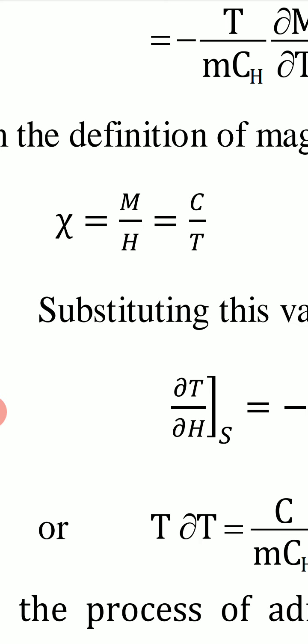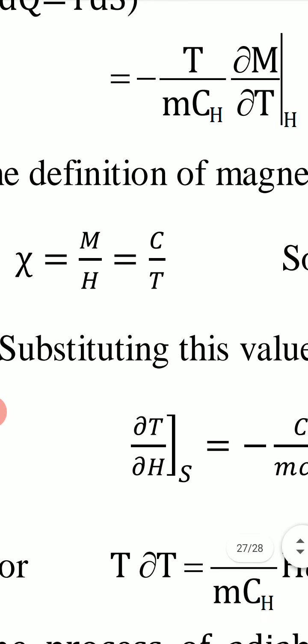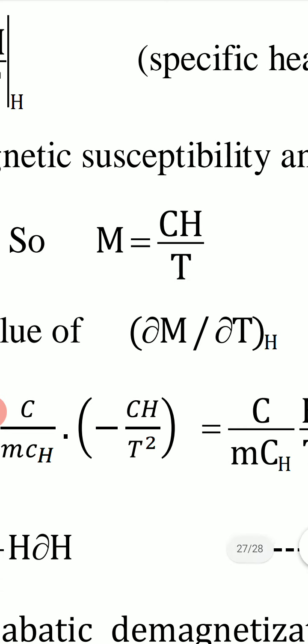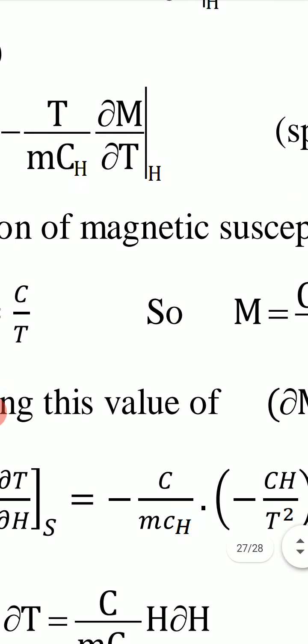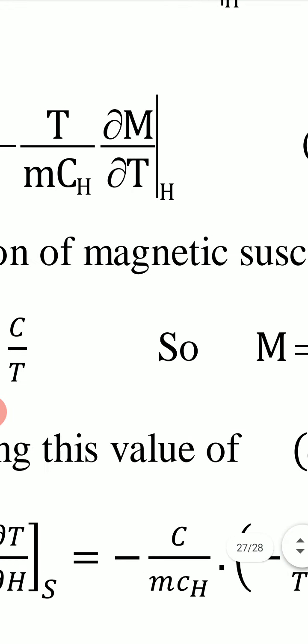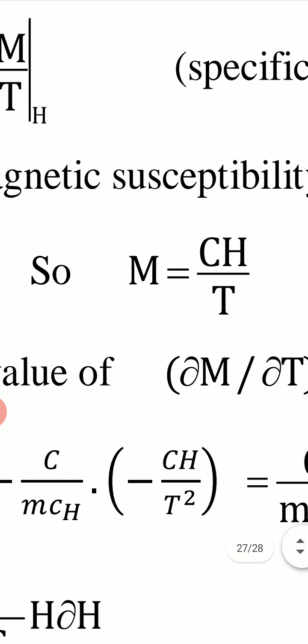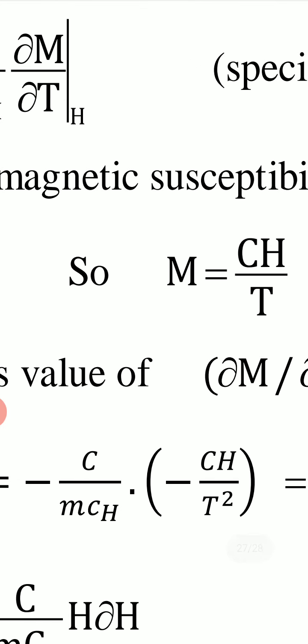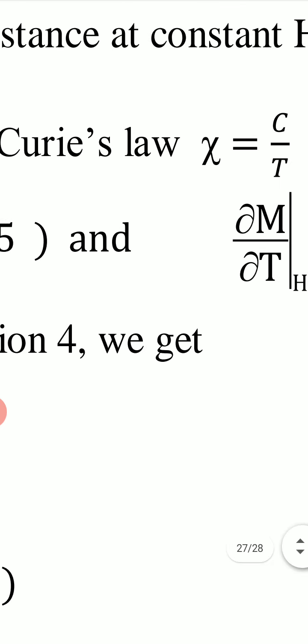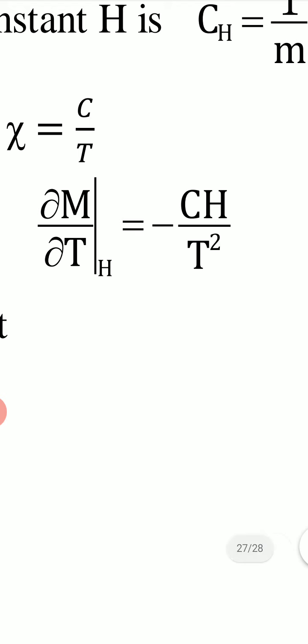So the definition of chi is chi equal to M upon H, and from Curie's law this chi is also equal to C upon T. From this equation we write M equal to C H upon T, and from this relation we can find the partial differentiation delta M upon delta T at constant H. As M equals C H upon T, delta M upon delta T at constant H is equal to minus C H upon T square.